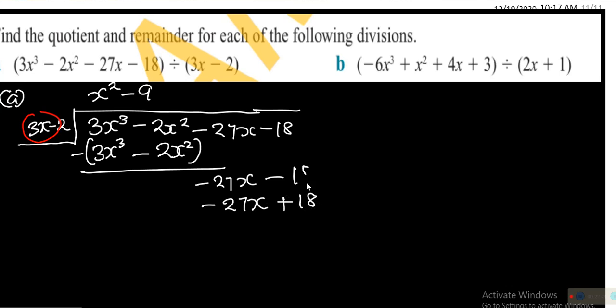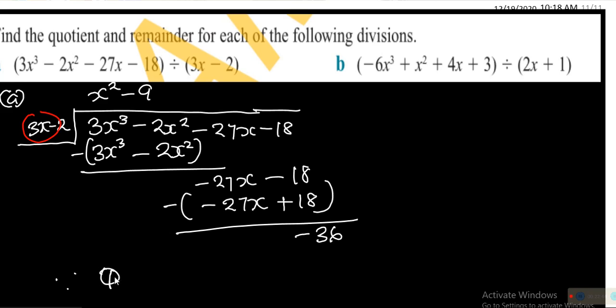So we can bring down this 18 here. Minus times minus is plus, this one will cancel, and 18 minus 18, we have minus 36. So we have to find the quotient and the remainder. So the quotient q of x equals 3x minus 2, and the remainder r of x equals minus 36.